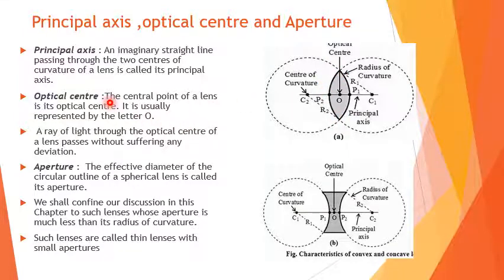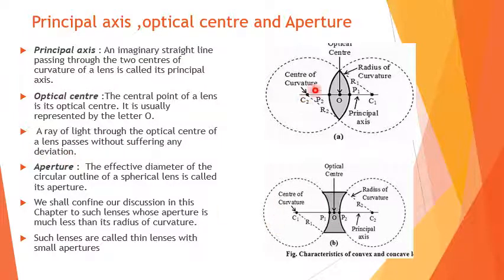Next, the central point of a lens is its optical center. It is usually represented by the letter O. Now we are talking of the entire lens, and its center is called the optical center, denoted by the letter O. Here also you see O, here also you see O. A ray of light through the optical center of a lens passes without suffering any deviation.